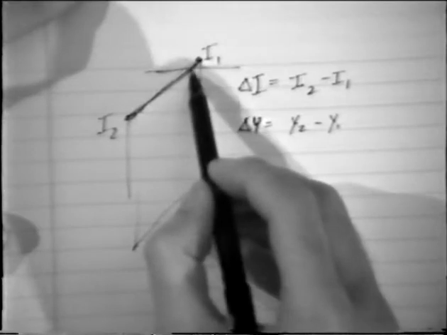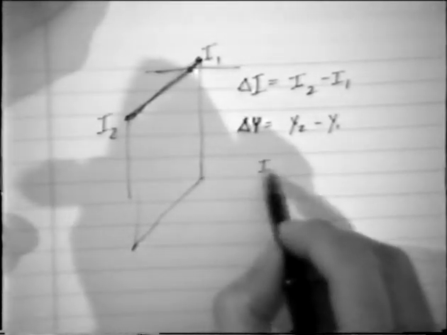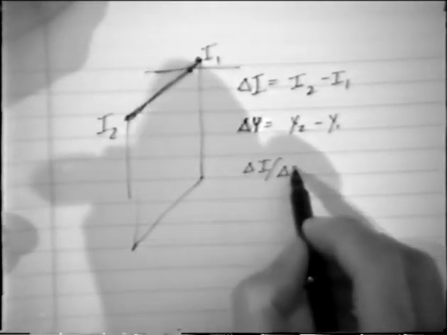And so you store just an incremental value of delta I over delta y.